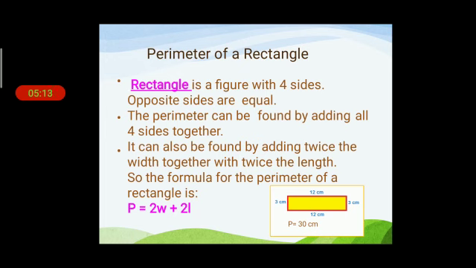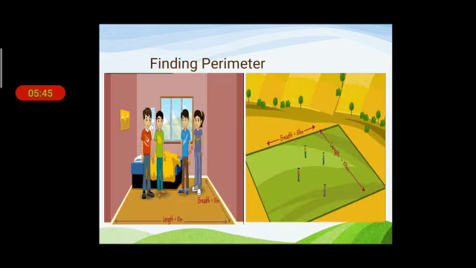So, the formula for the perimeter of a rectangle is P is equal to 2W plus 2L or 2L plus 2W. If you look at the figure, its length is 12 centimeter and width is 3 centimeter. 12 into 2, 24, plus 3 into 2, 6. If we add 24 and 6, we get 30 centimeter. So students, let's move ahead.